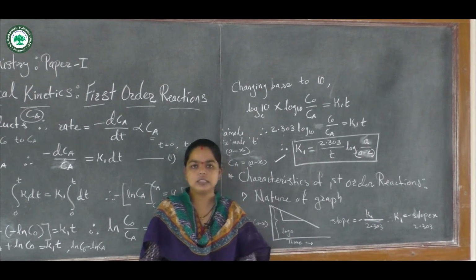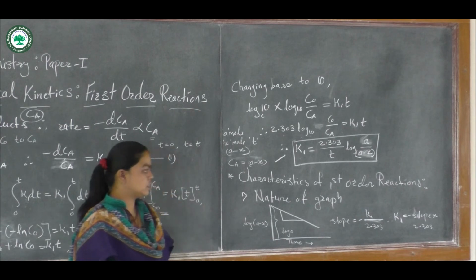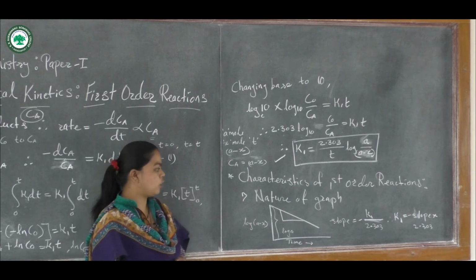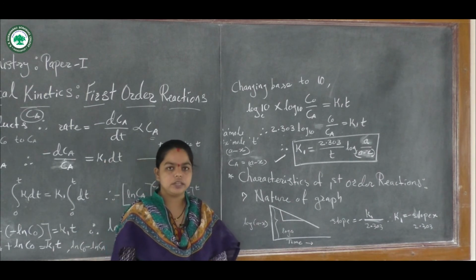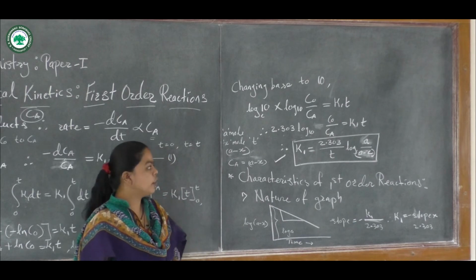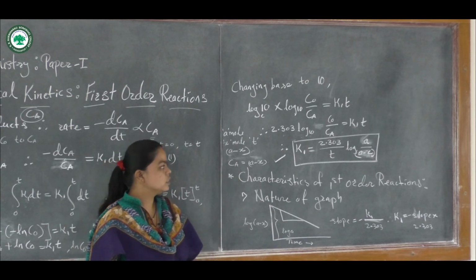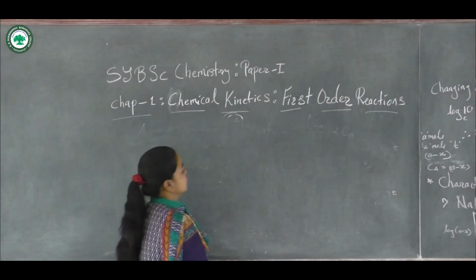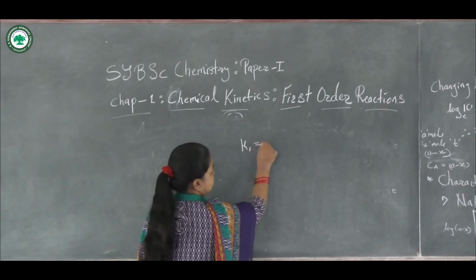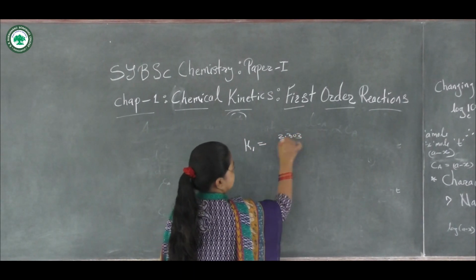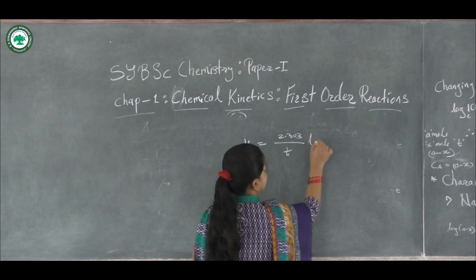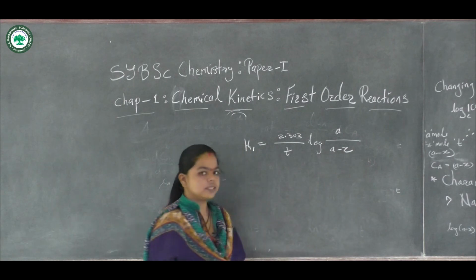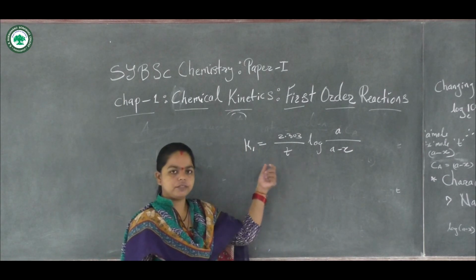Now let us see the characteristics of the first order reaction. The first is the nature of the graph. In order to determine the nature of the graph, we have to consider the first order rate constant equation. This is the equation for the first order reaction we have written here.